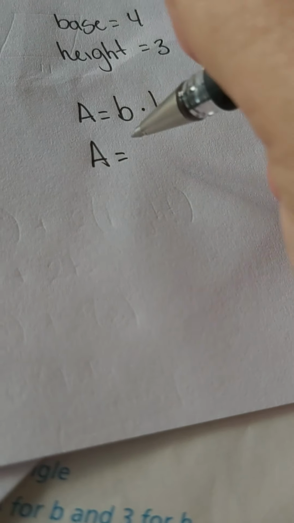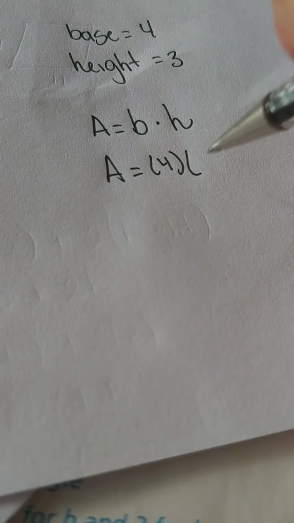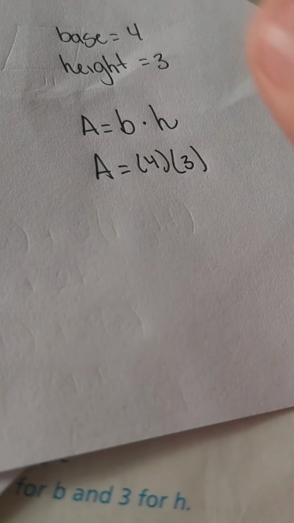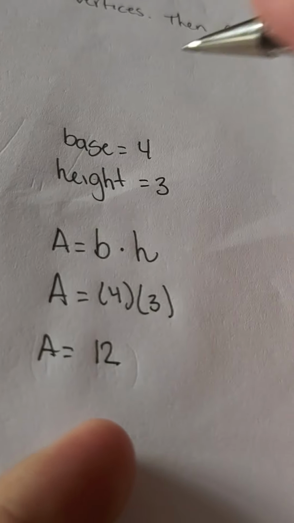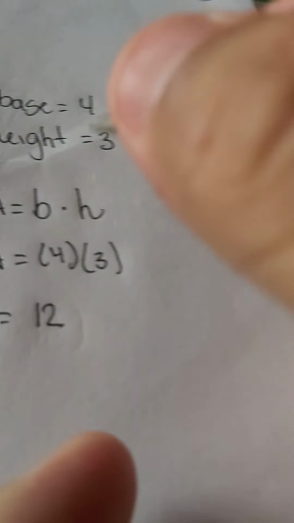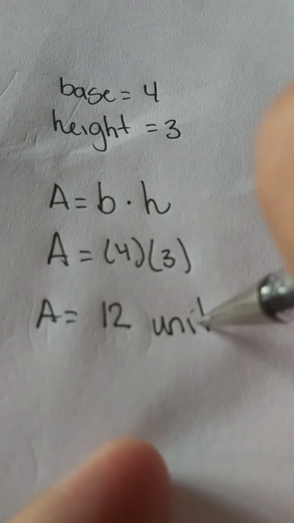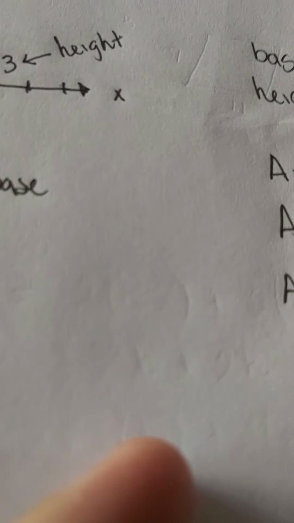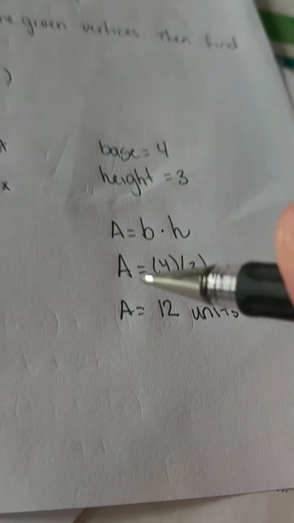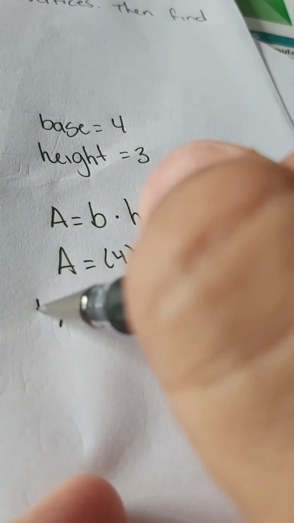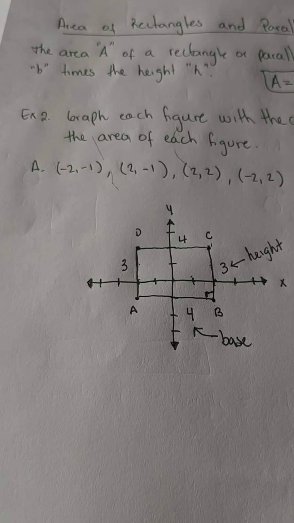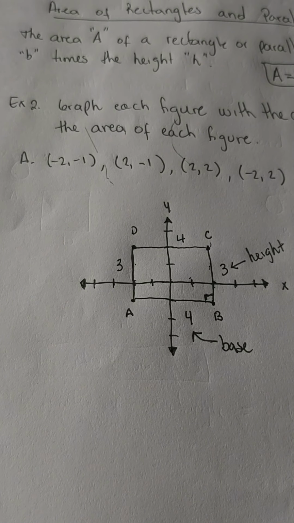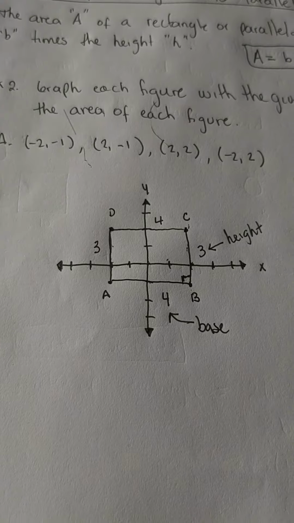Area equals base 4 times height 3. 4 times 3, 12. 12 what? Okay. Area is measured in square units. Square units. So that will be our answer for the area of the figure with vertices -2, -1, 2, -1, 2, 2, -2, 2.